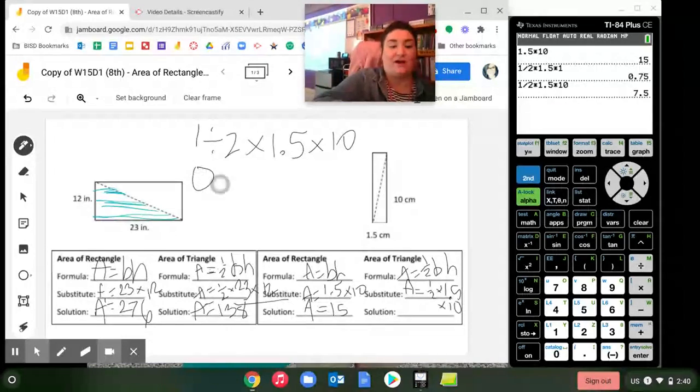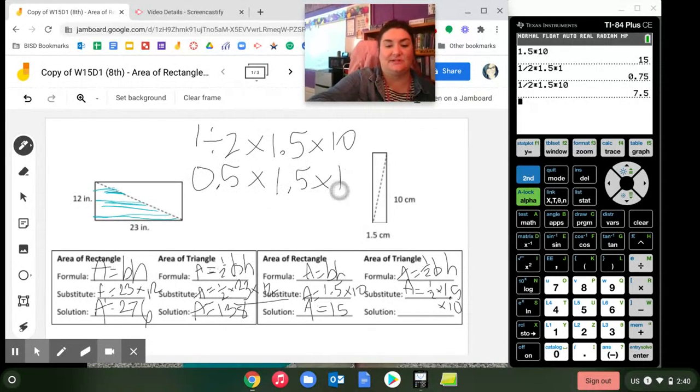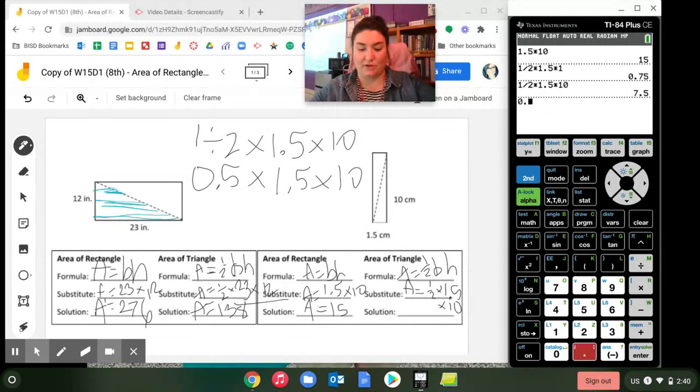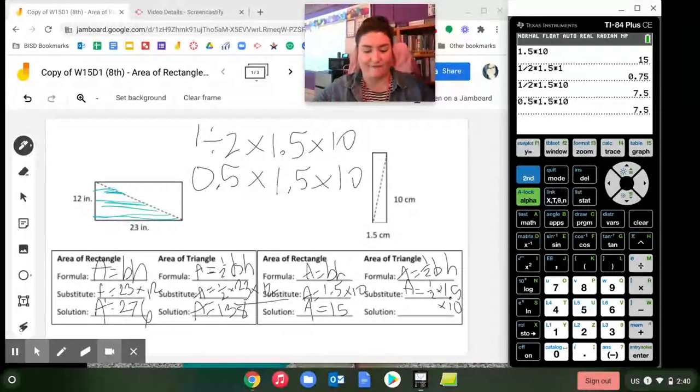So 0.5 times 1.5 times 10. So let me show you what that gives me. 0.5 times 1.5 times 10 gave me the same thing. I could also take my rectangle 1.5 times 10 and just divide that by 2.